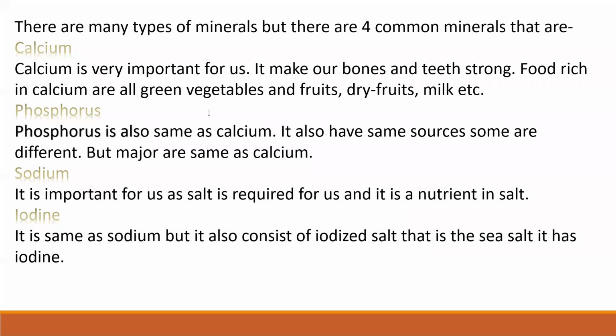So now I'm showing you one word: brittle. What does this word mean? Can you tell me? Brittle means easily broken, like a biscuit. When you break a biscuit, it breaks very easily.